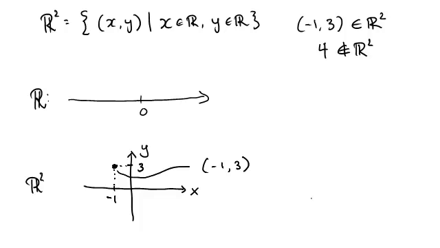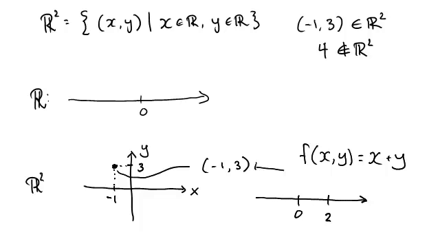A simple example of a function of two variables is this one. f of x, y is the sum of x and y. So you feed two numbers into this machine f, it will add them and return the result. This point here, minus 1, 3, is mapped to the number 2 by this function f.